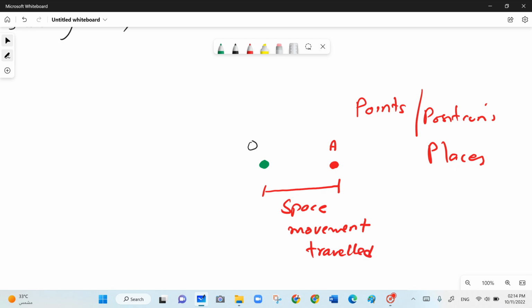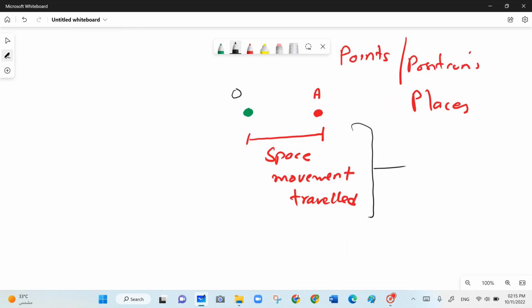So my friends, the space between any 2 points, the motion which has been covered or traveled between any 2 points, between any 2 positions, between any 2 places, that is called distance. We gave a name to that physical quantity, to that happening in the language of physics, in the language of science: this is the distance.